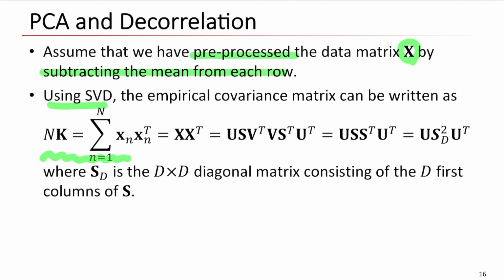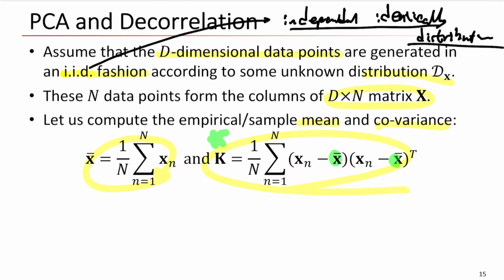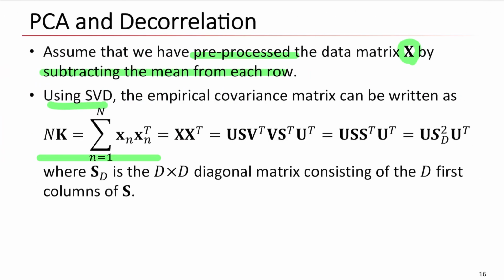There is no mean here, because we already pre-processed the data by subtracting the mean, right? So it can be represented as X times X transpose.